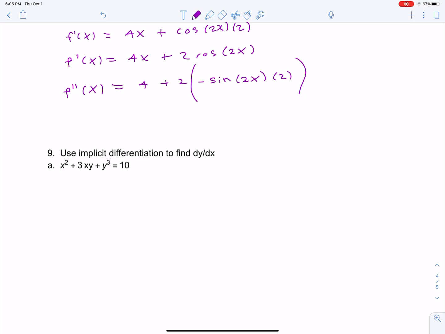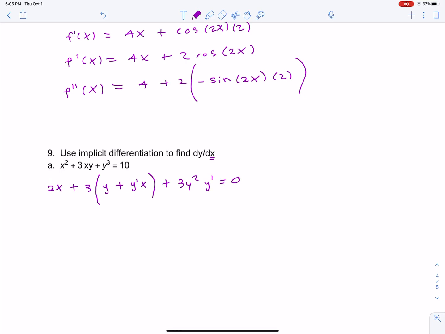Taking the derivative with respect to x, we get 2x plus, now notice we have a product there, right? So I'm going to pull that 3 out, and we have x times y. So the derivative of x is 1. 1 times y is y plus y prime x plus 3y squared y prime equals 0.